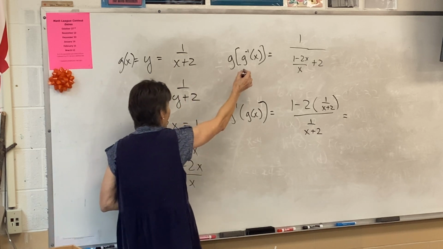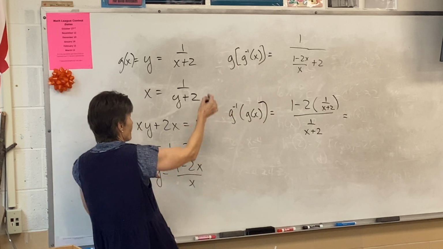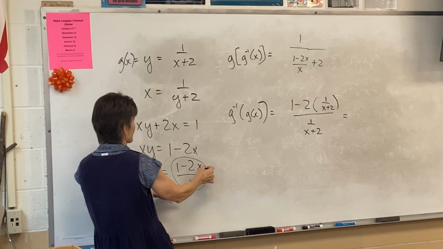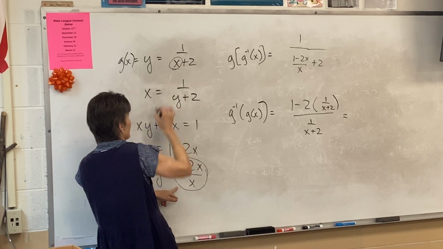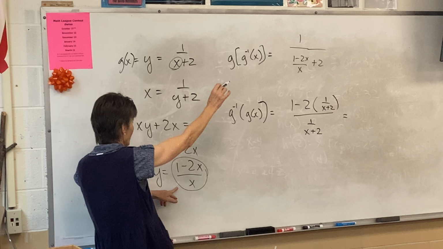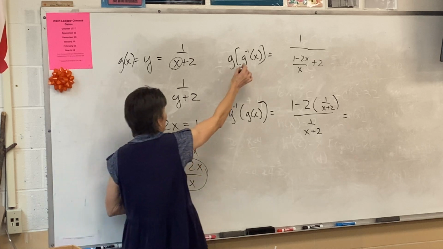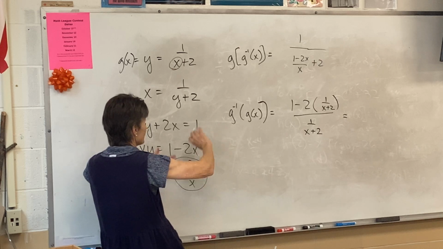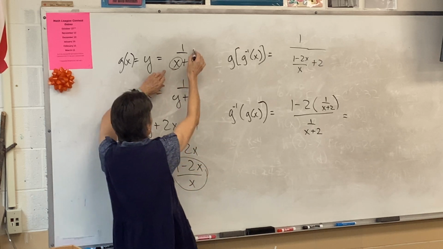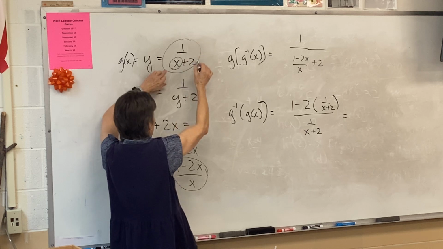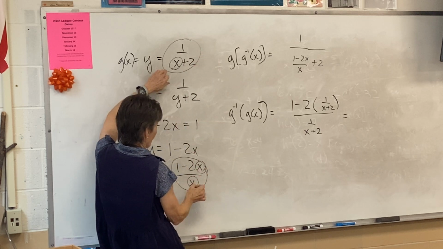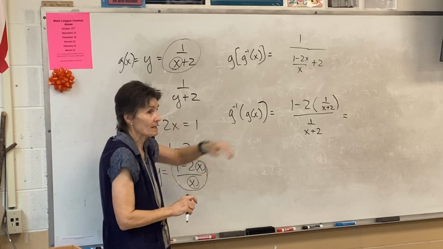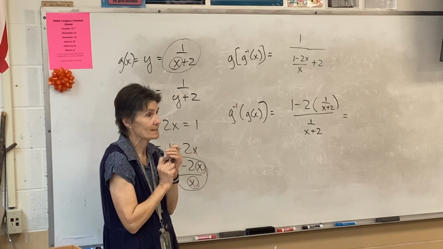My top one says, and you can do those in either order, I'm going to take my inverse and plug it in right here. So that's what I did. I took my inverse and plugged it into my original. And then the other way says take the original and plug it into your inverse. So that's what I did right there. Does anybody have a question about that? That's messy.